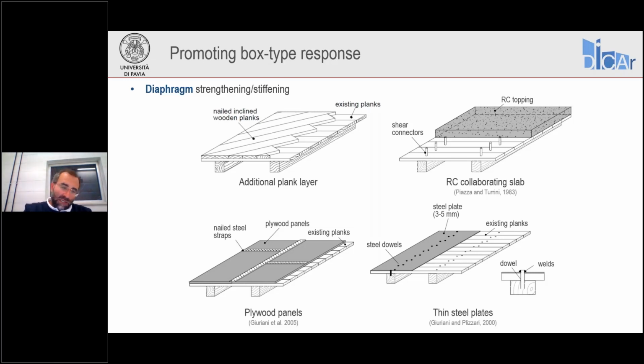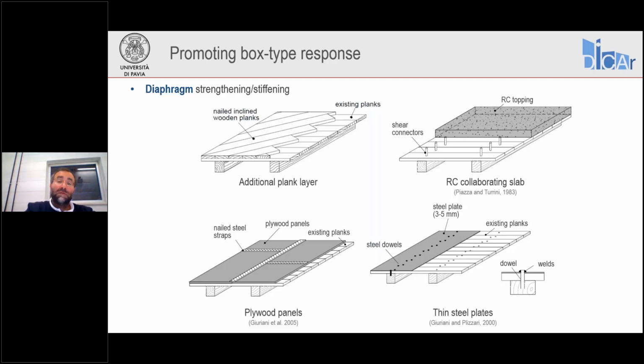Here I'm basically focusing on timber diaphragms, but some of the solutions, the ones relying on concrete topping, can be adopted also when we have existing reinforced concrete floors or, say, steel purlins with masonry flat arches, steel purlins with other masonry tiles. In all these cases, the intervention with concrete topping can be adopted.